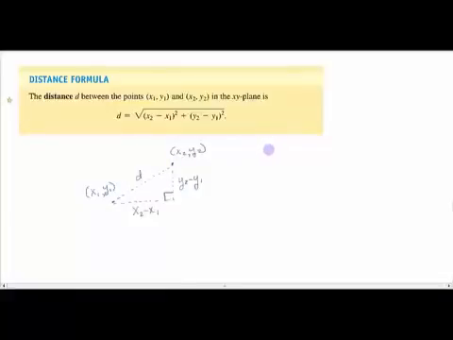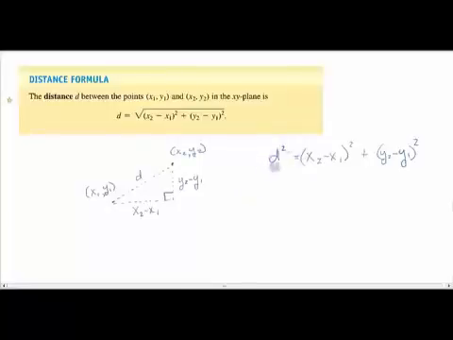So using the Pythagorean theorem, where this is a and this is b, I would have x2 minus x1 squared plus y2 minus y1 squared, and that equals my d squared, my hypotenuse.